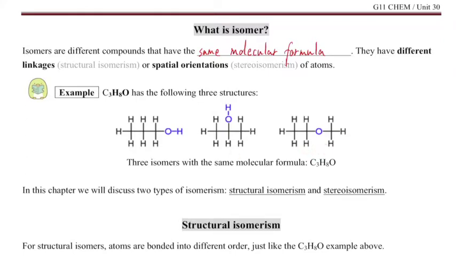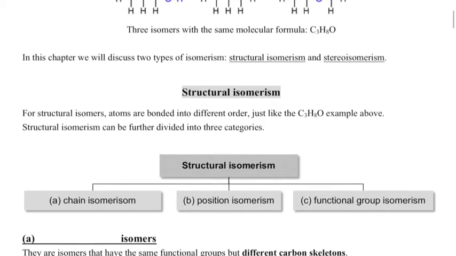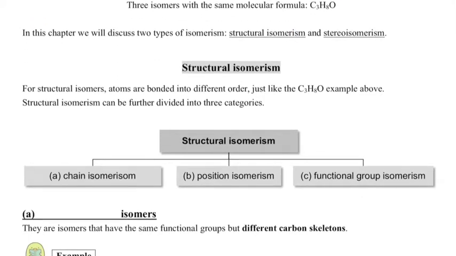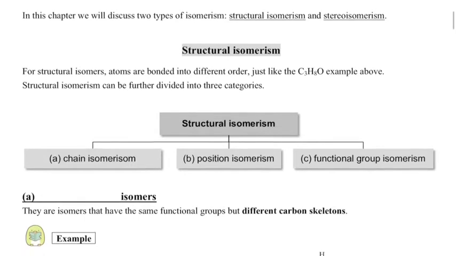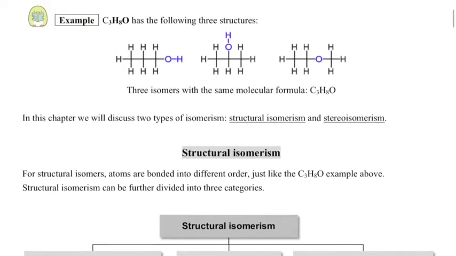In this chapter, we're going to discuss two main types of isomerism: structural isomerism and also stereoisomerism. In this lesson, we're going to learn the first type, structural isomerism. For structural isomers, atoms are bonded in a different order, just like the example we have seen.